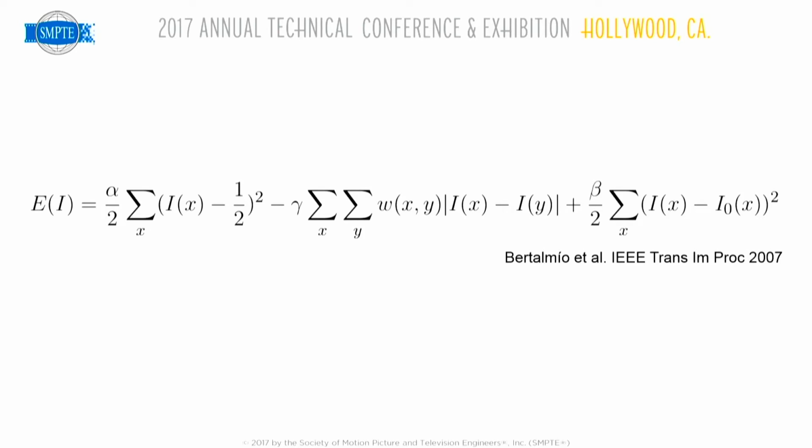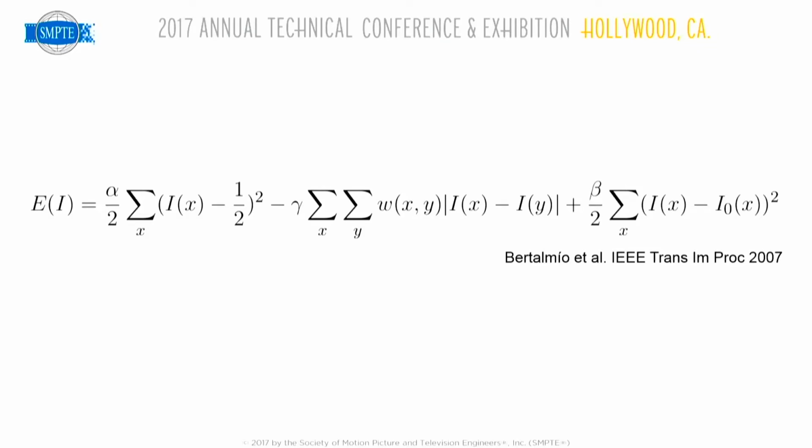So this is a classical variational method. You find the image that minimizes your energy. These 3 terms are competing in the sense that if alpha, beta, and gamma, these weights, are all positive, minimizing the energy amounts to minimizing the first and the third term and maximizing the second.